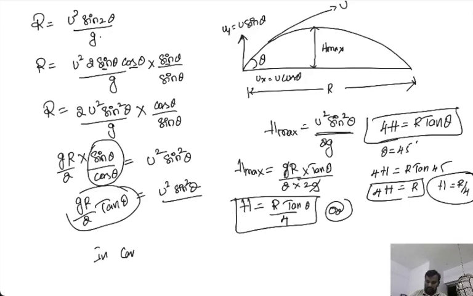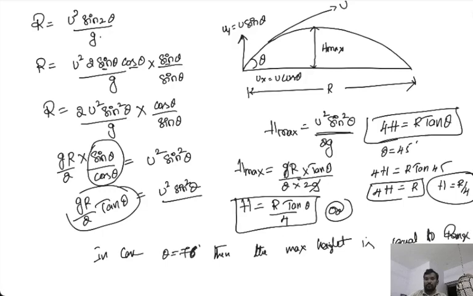In case theta is equal to 76 degrees, then the maximum height is equal to range, because tan 76 value is 4.